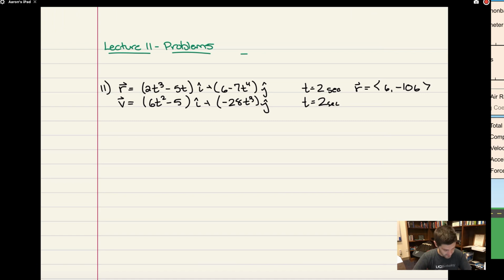Again, evaluating this at t equals 2, I get that in that moment of time, v is positive 19, now positive 224. While the position was pointing to the right and downward, at that point, the velocity was also pointing to the right but upward.